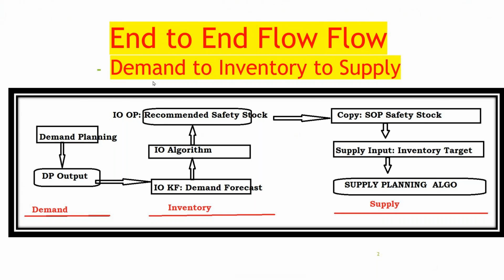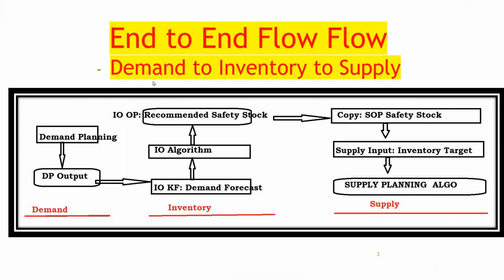Another thing could be a make to stock scenario where forecast is our driving parameter for planning purposes. The forecast is just an estimation, so it might not provide accurate results.